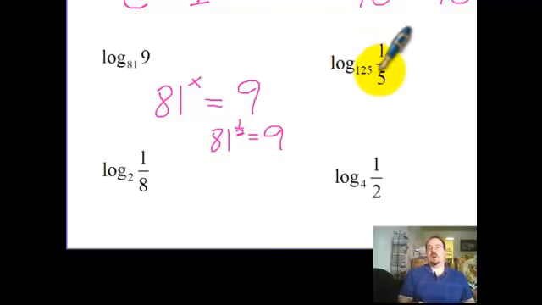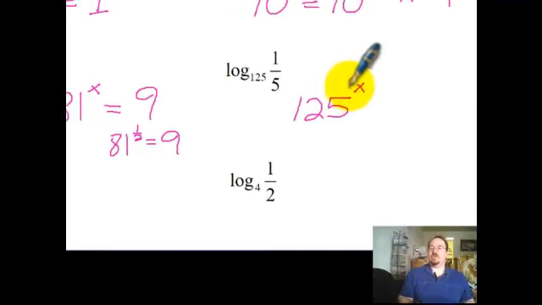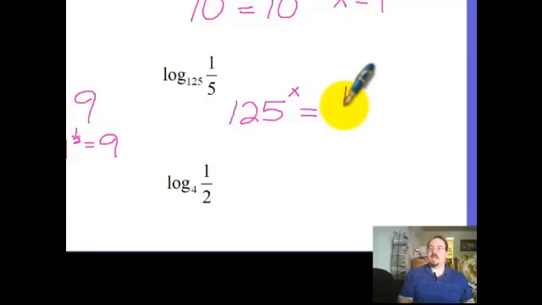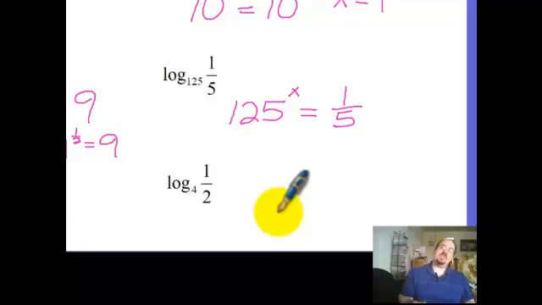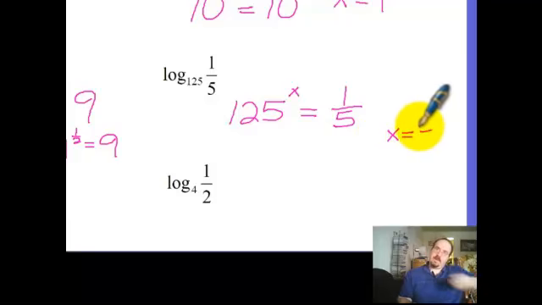Okay, let's look at this one. Log base 125 of 1/5. So 125 is my base. I'm trying to look for the number to raise it to, and I want to end with 1/5 when I do that. Okay, I've actually got two things happening here. First of all, I'm changing a whole number into a fraction. So I think x has to be negative, because that will flip it.